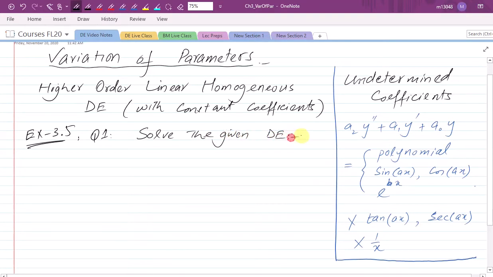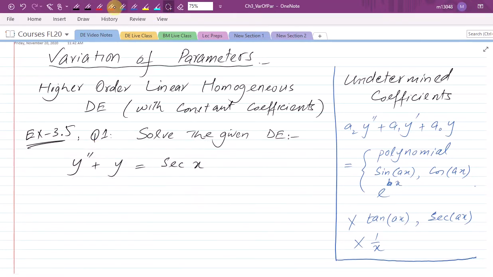Sometimes we mention the method in the question, sometimes we do not. So we can easily figure out that the right hand side is secant x, so undetermined coefficients cannot be applied. Only variation of parameters can be applied. Right. So that is our equation, y double prime plus y equals secant x.